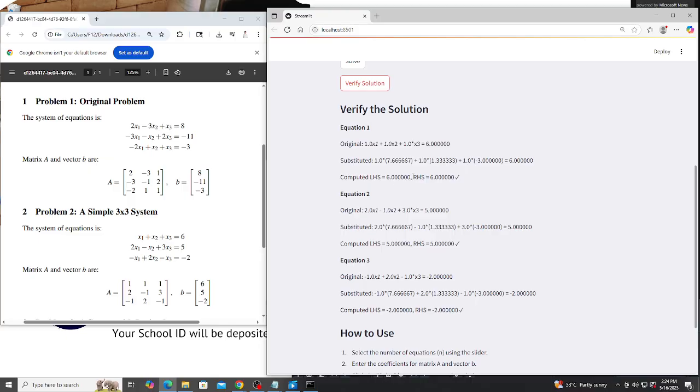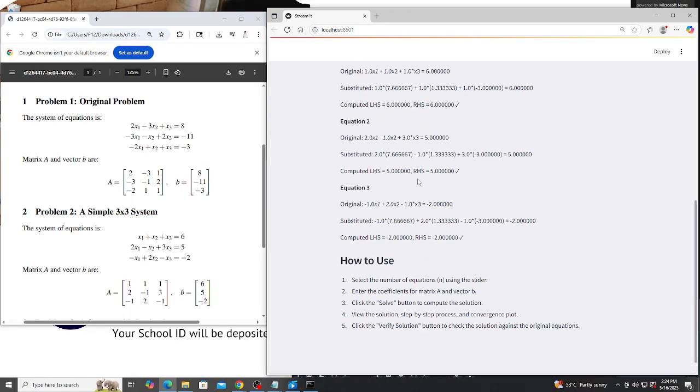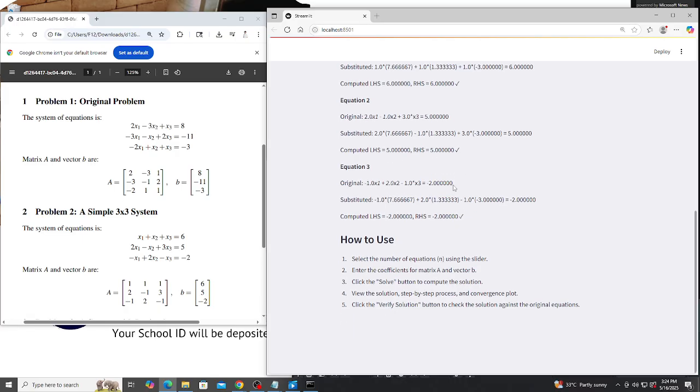As you can see, it's also a verified solution. At the second row, or equation 2, it's also 5 equals 5. So it's check and check.